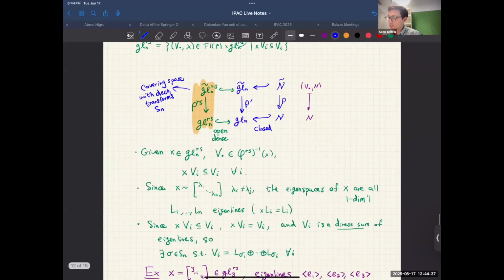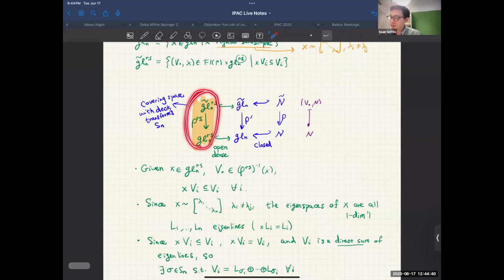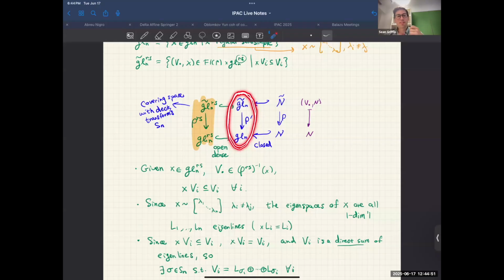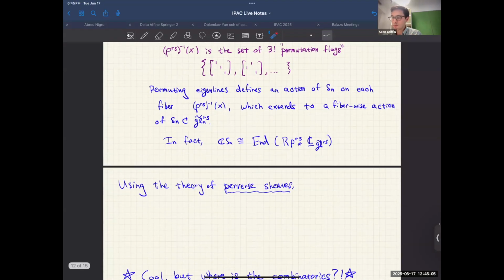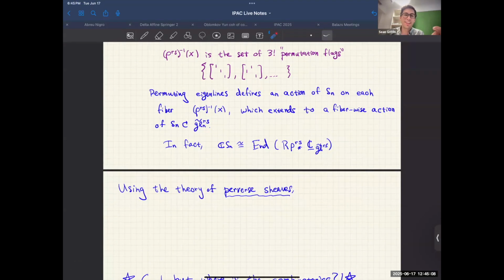So what I've told you so far is an Sn action on the fibers here. And then the idea is to extend the Sn action to fibers here, except you can't really do it on the actual fibers. It ends up being an action on the cohomology of each fiber instead. And then you can restrict to the fibers over nilpotent matrices. So yeah, these next 3 lines are probably the most technical in the talk series and containing the most hidden stuff.